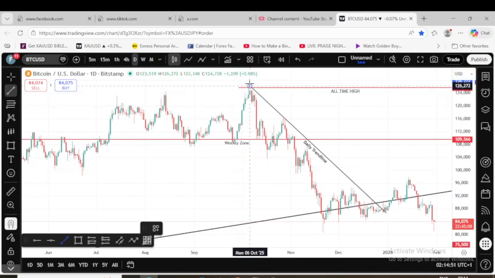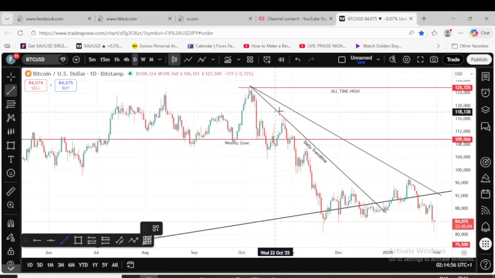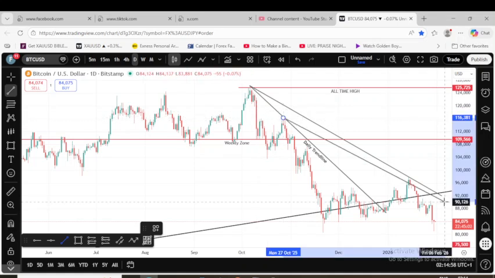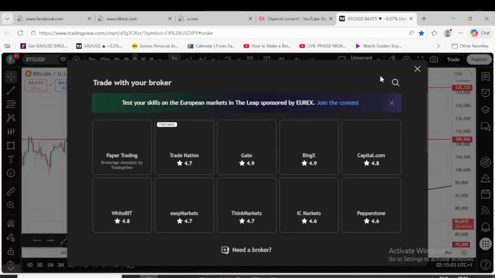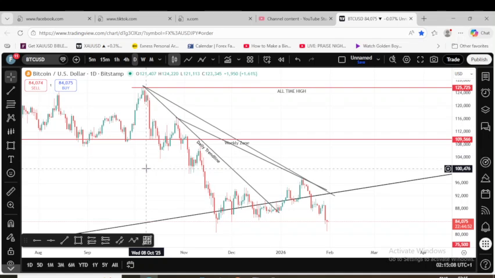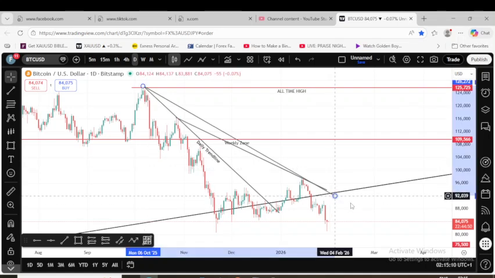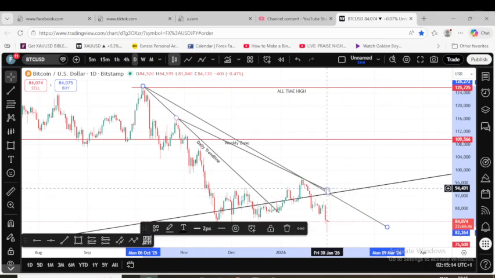We can draw a second one like this. We could also draw a third one like this. We can also draw them like this and like this.